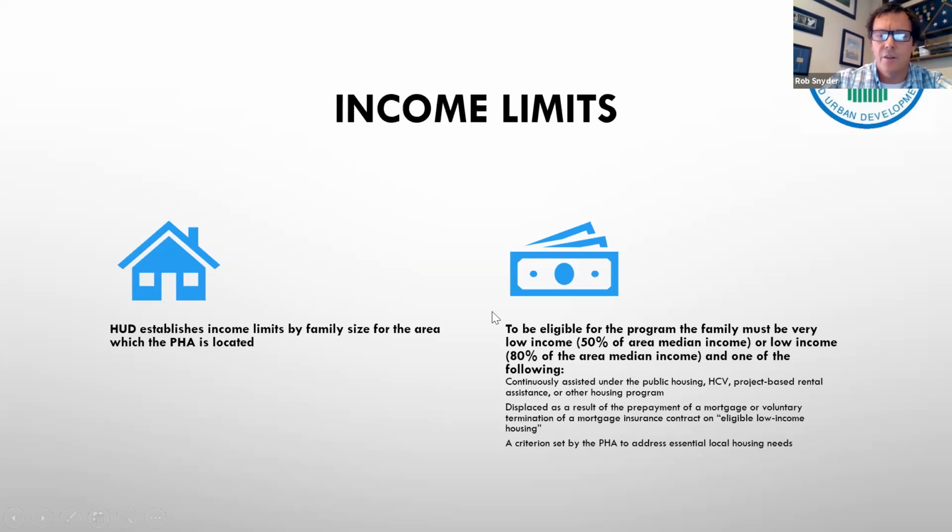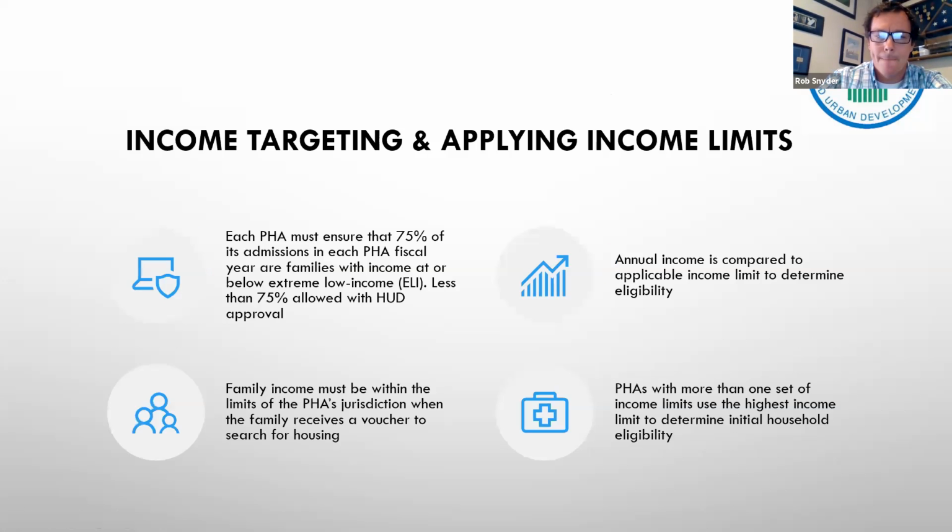Those income limits are published yearly by HUD, and on that SharePoint website that I showed you guys, there's a link to those. They were published this past May of 2024 for this year. So targeting the income and applying the limits, the PHA needs to strive to have at least 75% of the families at that ELI level, the extremely low income.